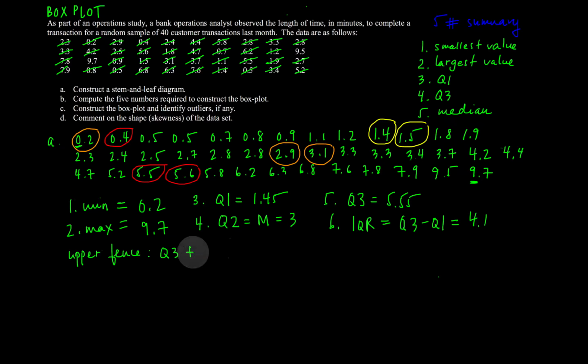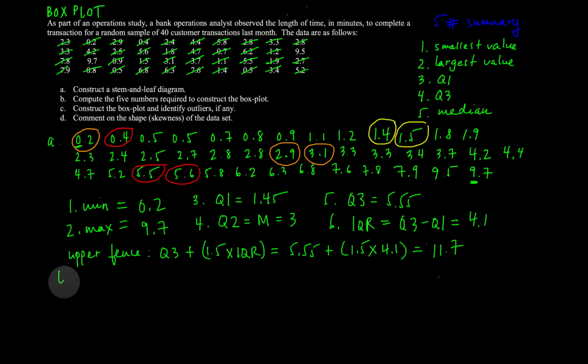Since we're moving further towards the right, we're going to add 1.5 times the IQR. So this is going to give us 5.55 plus 1.5 multiplied by 4.1, which gives us a total of 11.7. So that's my upper fence.